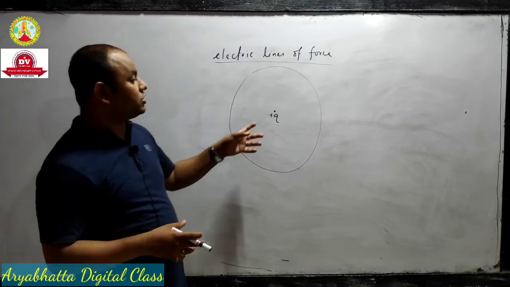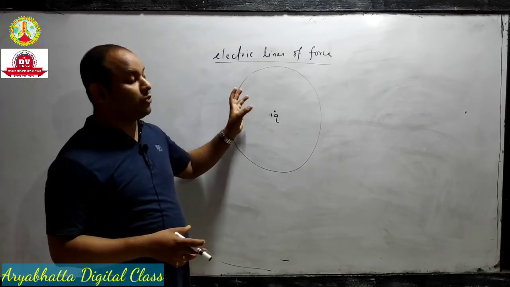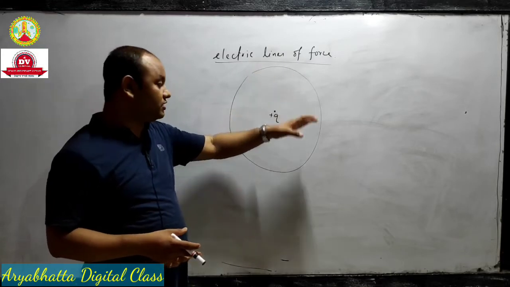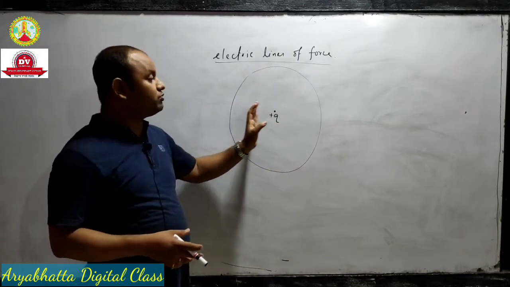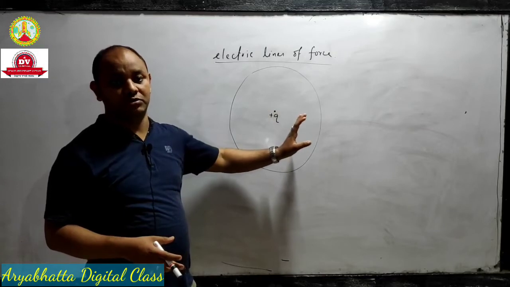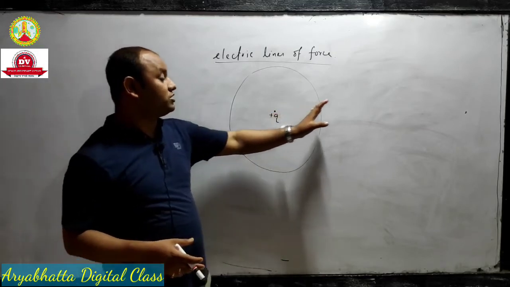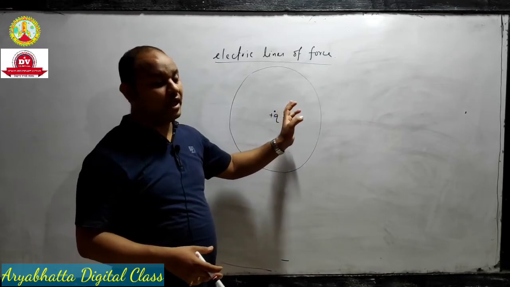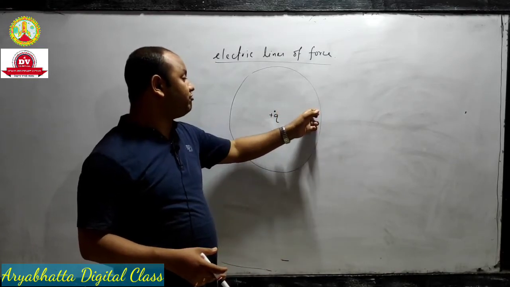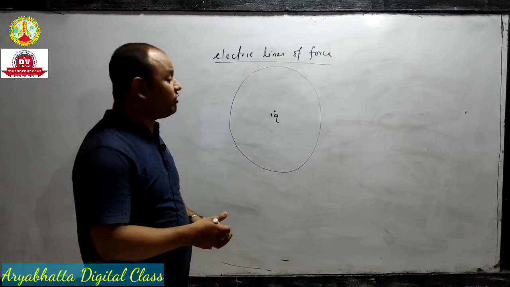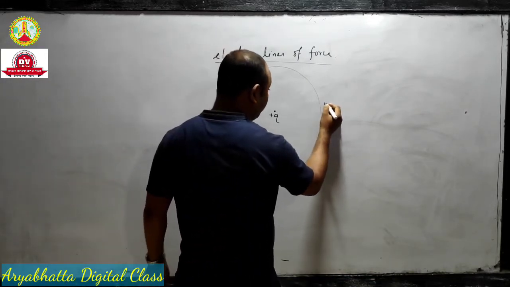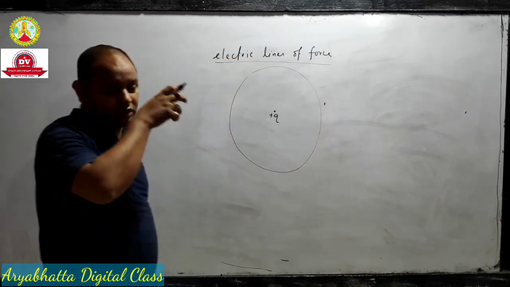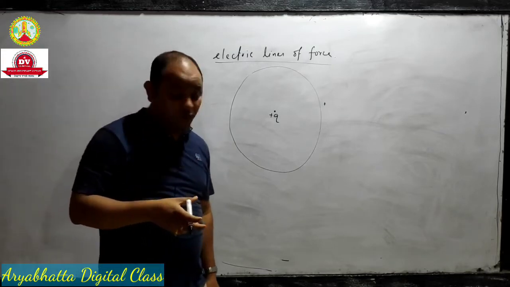The source Q will exert force inside this field, and beyond this field it will have no influence. If a positive source comes inside the field, it will repel, and if a negative source comes inside the field, it will attract. But if a positive source is outside the field, there is no influence on it.